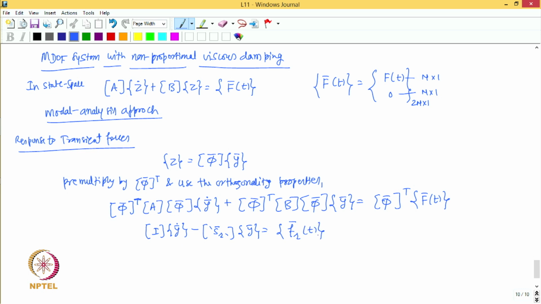So, these are now 2n number of first order equations, they are all decoupled equations. Let us consider the rth modal equation.